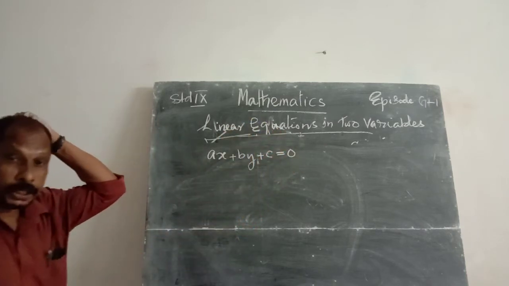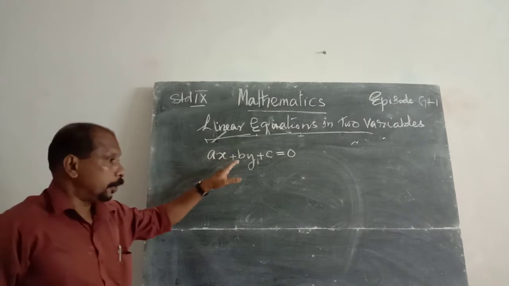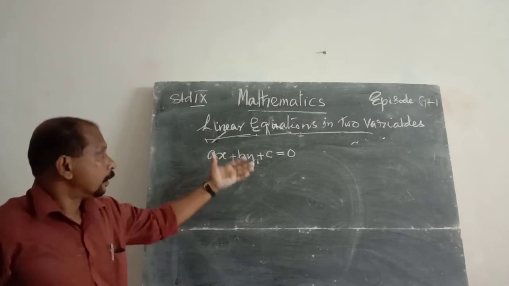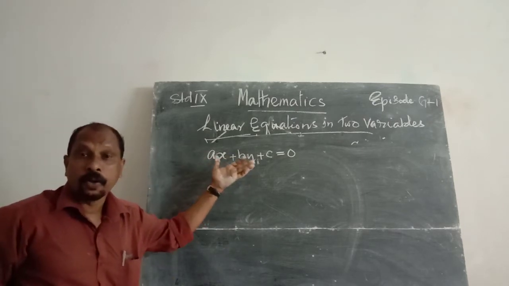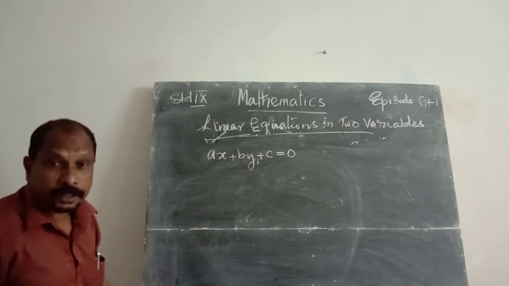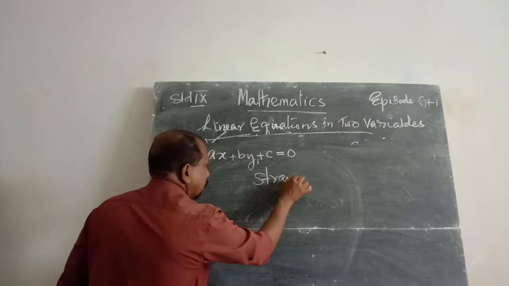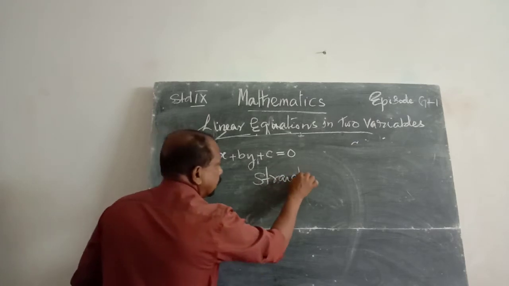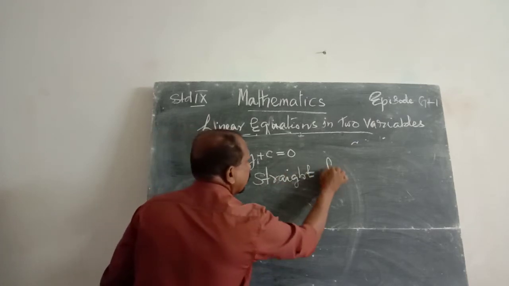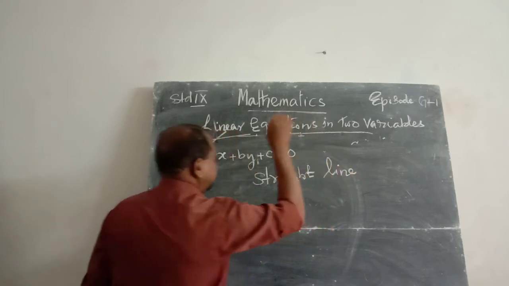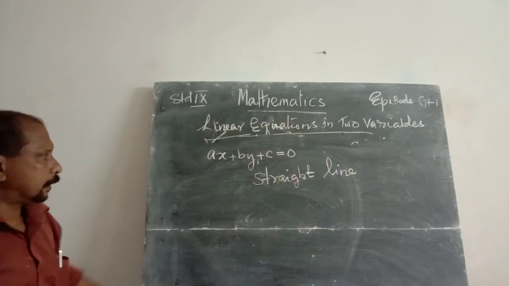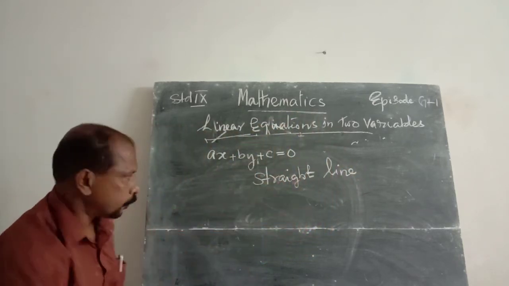That is a linear equation in two variables x and y. The graphic presentation of this linear equation is a straight line. Linear equation is a straight line. Okay?